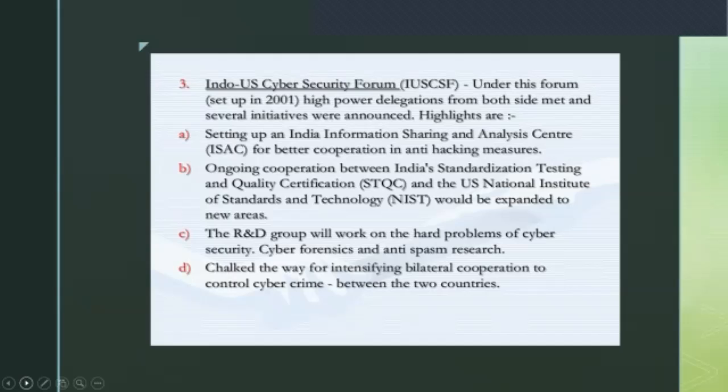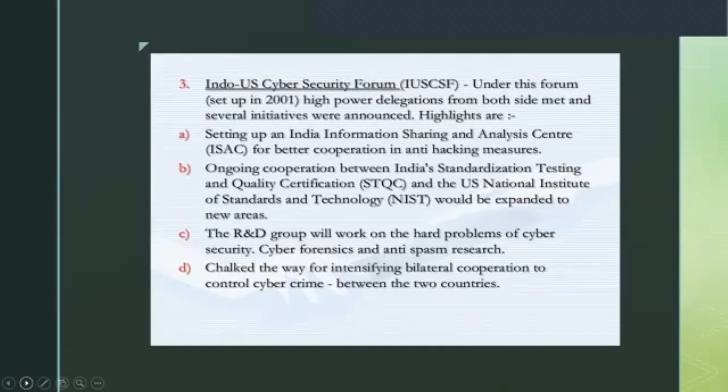These are others: Indo-US Cyber Security Forum, setting up of India Information Sharing and Analysis Centers. Different organizations are established to restrict and stop cybercrime.